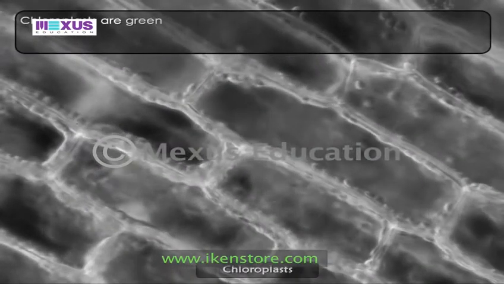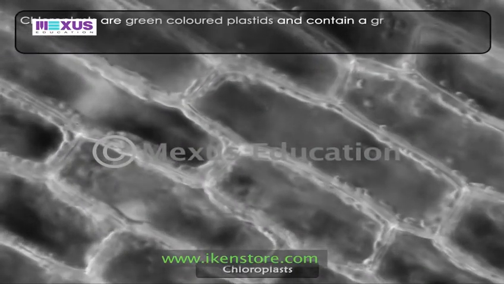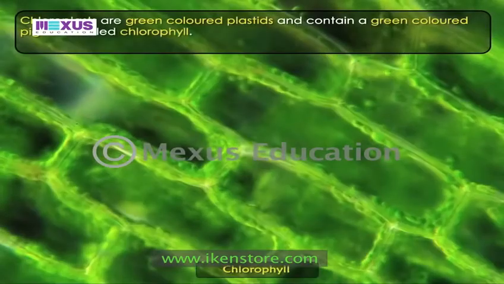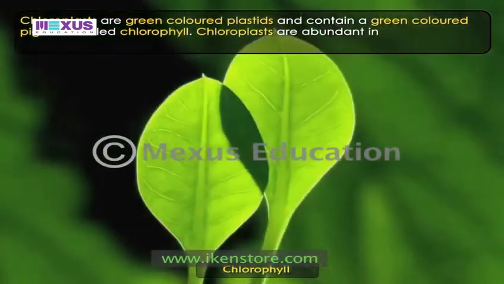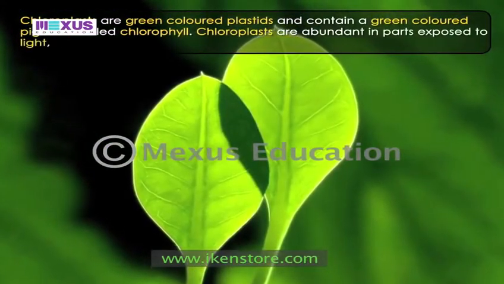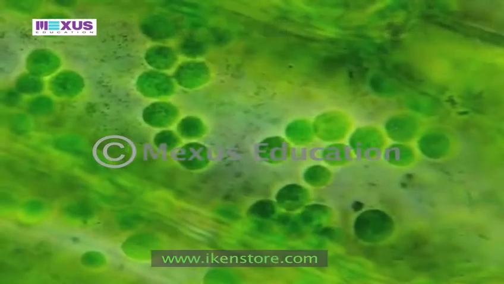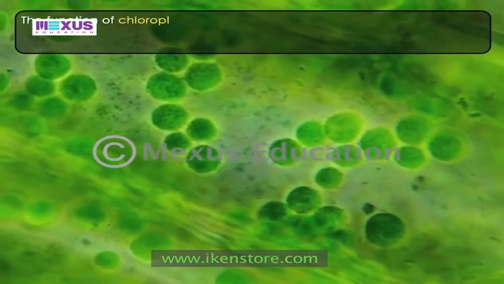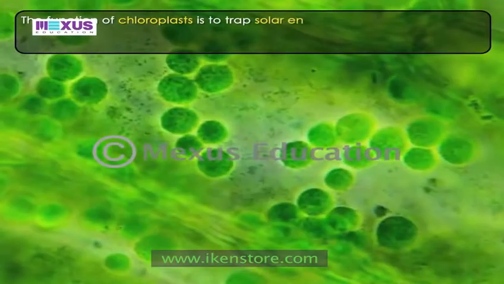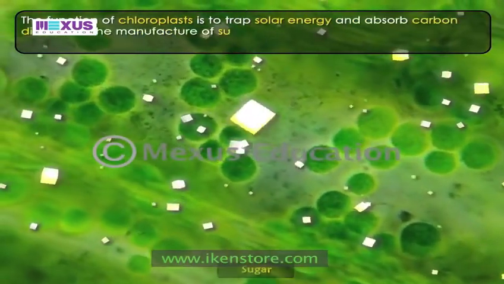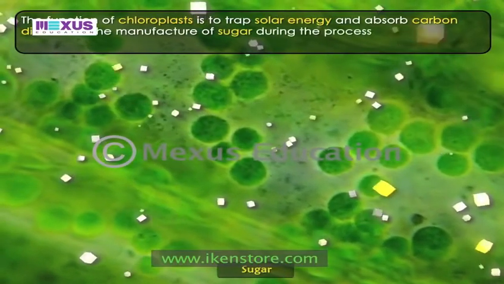Chloroplasts are green-colored plastids and contain a green-colored pigment called chlorophyll. Chloroplasts are abundant in parts exposed to light, for example, leaves. The function of chloroplasts is to trap solar energy and absorb carbon dioxide for the manufacture of sugar during the process of photosynthesis.